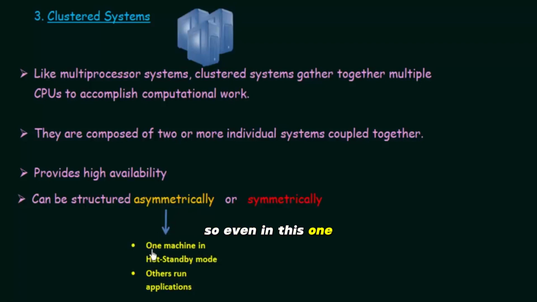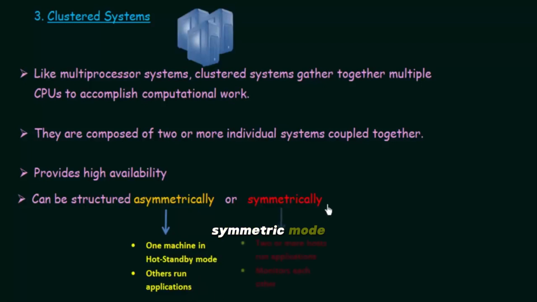So even here, one machine is in hot standby mode. That is like the master, and then the other systems run the applications. So this machine in hot standby mode monitors the other servers or systems which are running, and if it finds that one of them fails, this machine in hot standby mode will take its place. So one is monitoring and the rest of them are running.